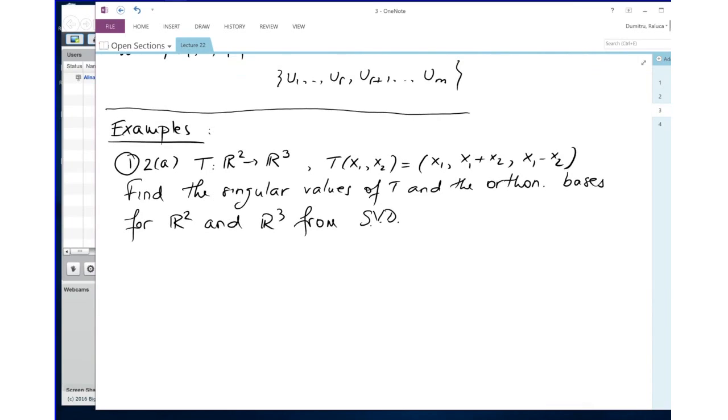So I was telling you that this is one of the most important concepts, I would say, in linear algebra, and I will give you more examples probably next time. Even in applications in general, in image processing, there are so many directions in which the singular values are used.